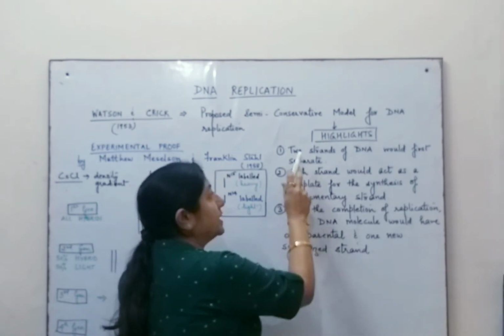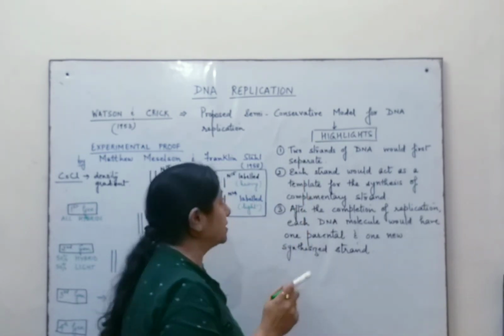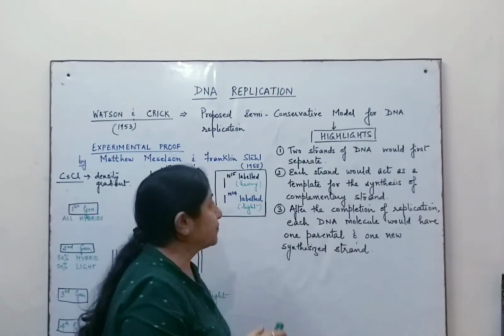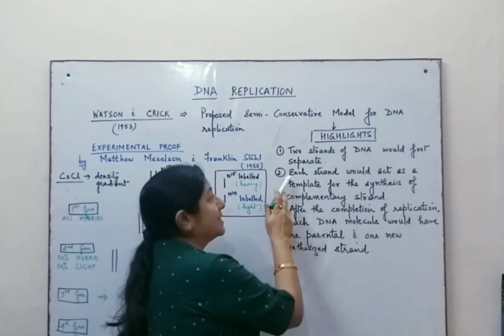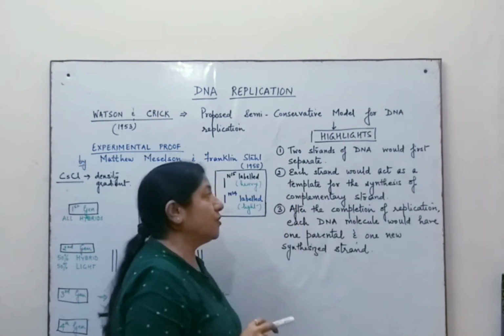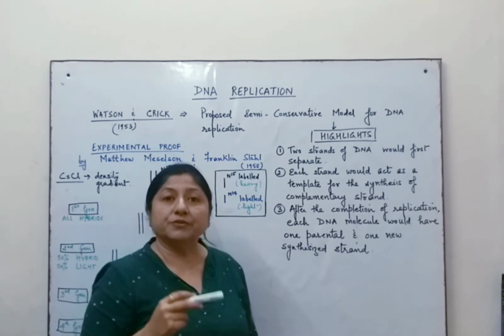So the two strands which are complementary to each other would separate. That was the first step. The second step said that each strand would act as a template for the synthesis of the complementary strand.